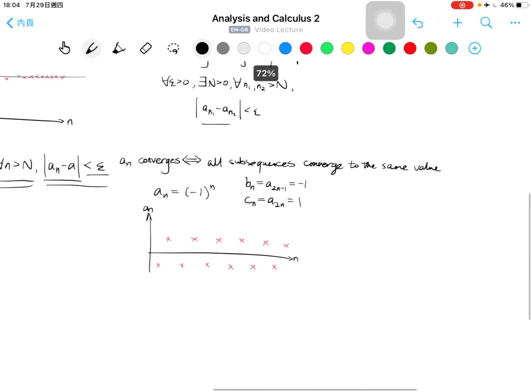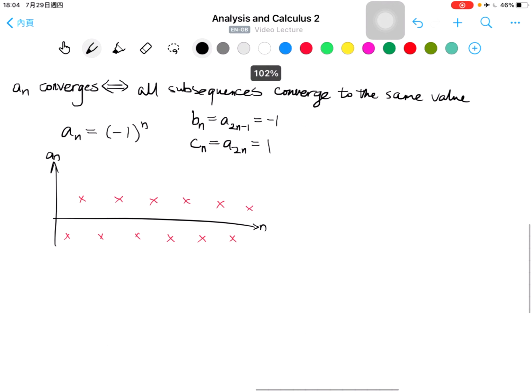And then we also know we can determine whether all of its subsequences converge to the same value. Now this test is very good for testing if a sequence diverges. It's hard to test for all subsequences converging to the same value, but it is not hard to test if two subsequences converge to different values.